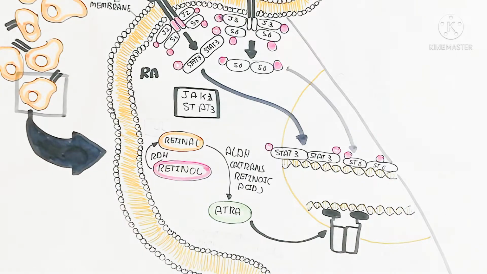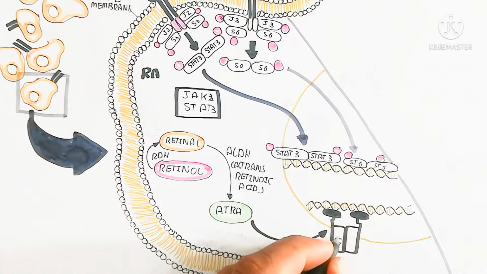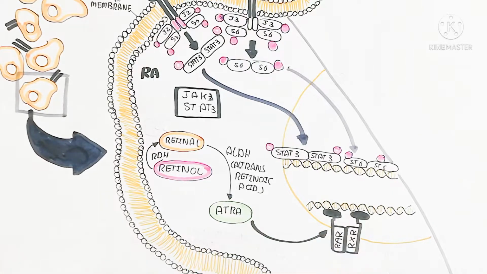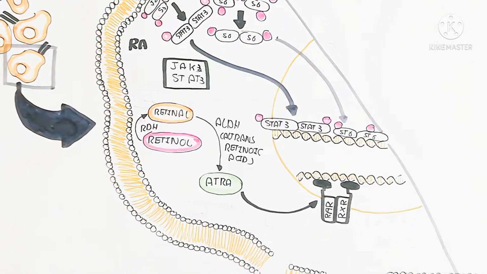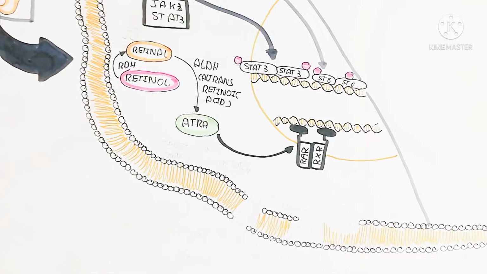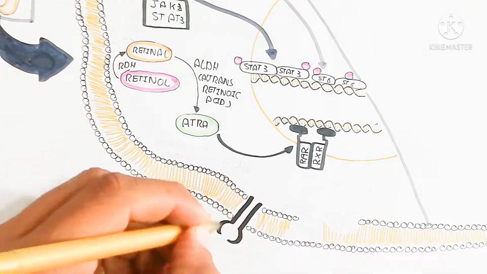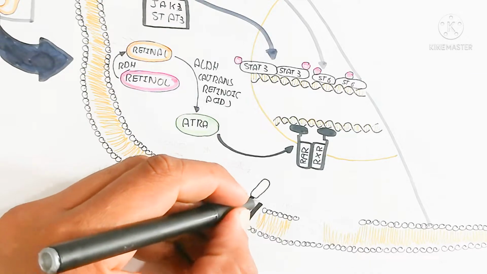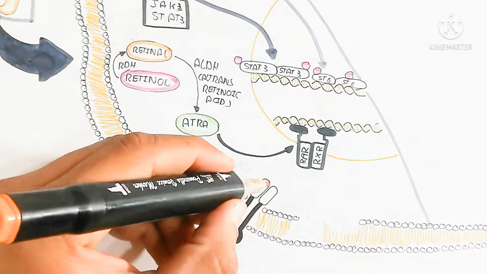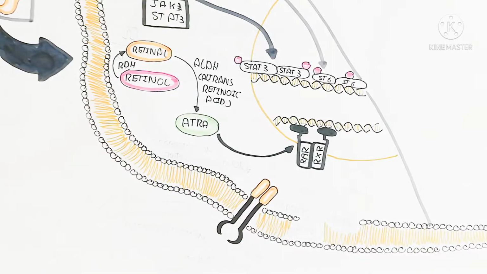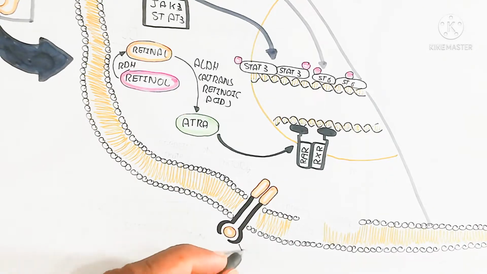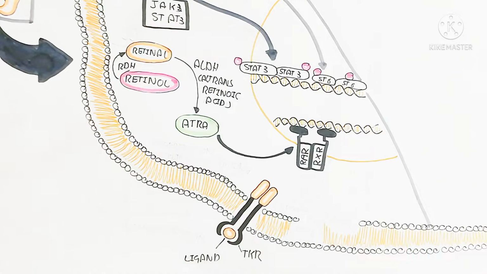This will bind with the retinoic acid receptor and retinoid X receptor, causing dimerization, and in this way the transcription factor activity will be enhanced, leading to proliferation and differentiation.